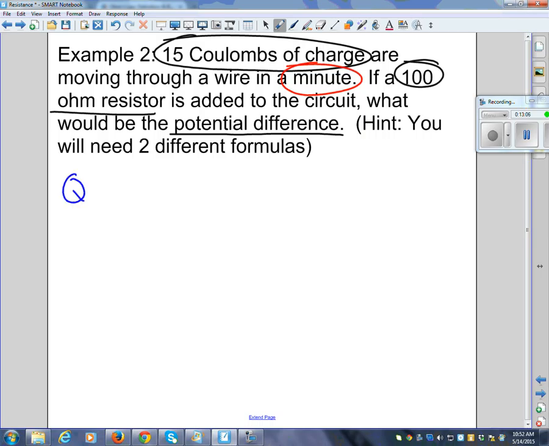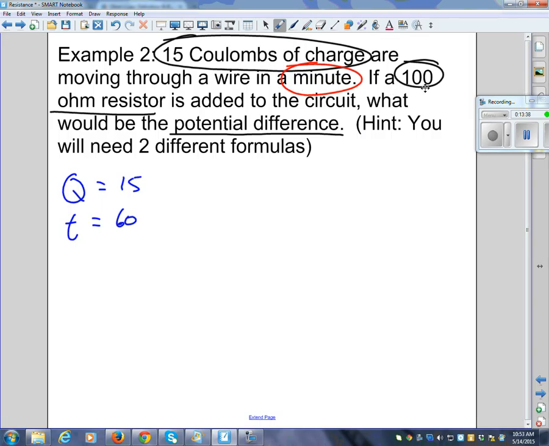Q. So Q is equal to how much? 15. Are moving through a wire in a minute. What do I write? 60 seconds. You probably don't need to write 1 times 60. T is equal to 60.